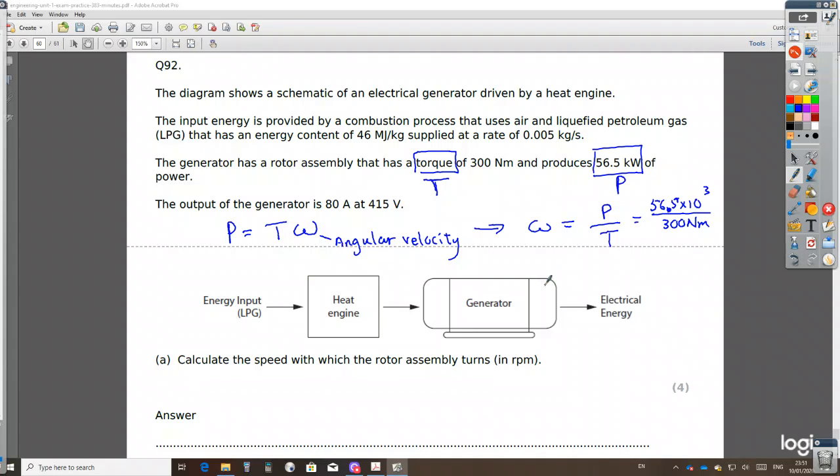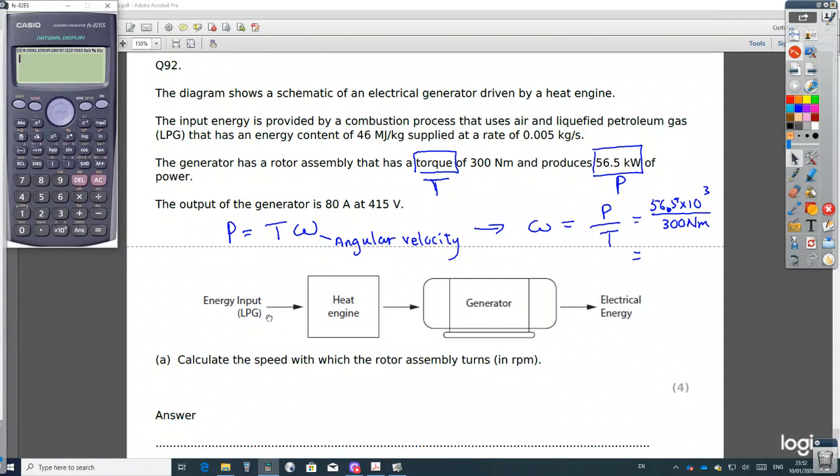Okay, so let's go ahead and think about what omega is. If we first put that in the calculator, this will give me 56.5 times 10 to the power 3, over 300.